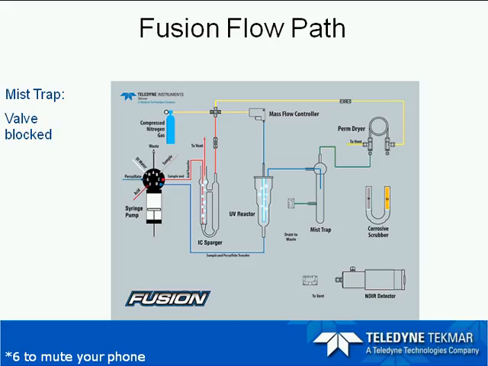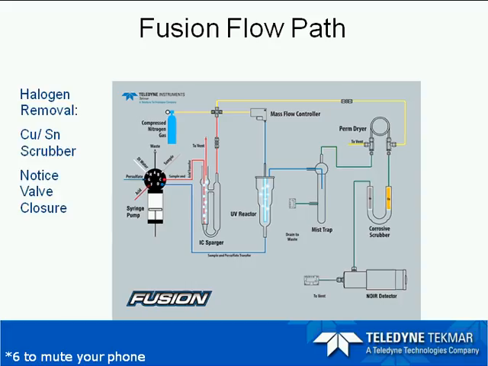That means from the 7-port valve, UV reactor, mist trap, perm dryer, corrosive scrubber, and the NDIR detector has all now been sealed. That allows the pressure to build up. As I stated earlier, we generally set that to around 50 psi for most analyses.